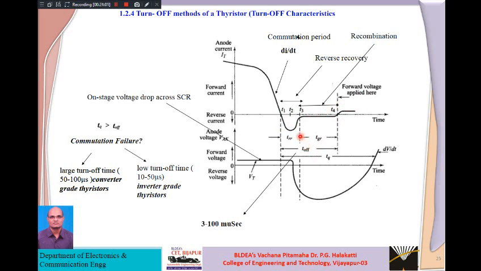In order to stop this failing of commutation, we extend the recombination period with the help of the gate recovery period. If you bring this TQ well below Toff, then your circuit will turn on, which means commutation is going to fail here. That's why we put this condition. So this is how, guys, you have to explain the turn off characteristics of SCR.